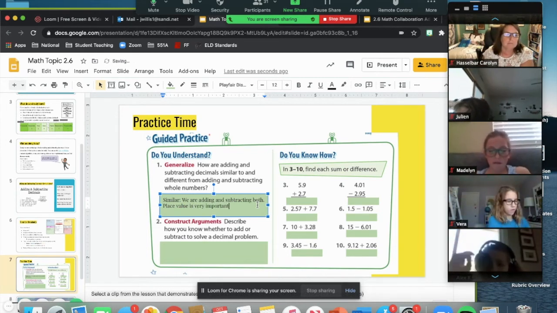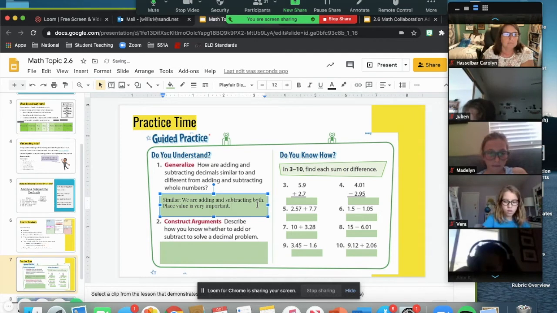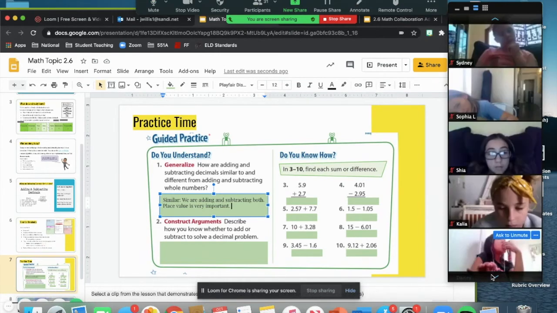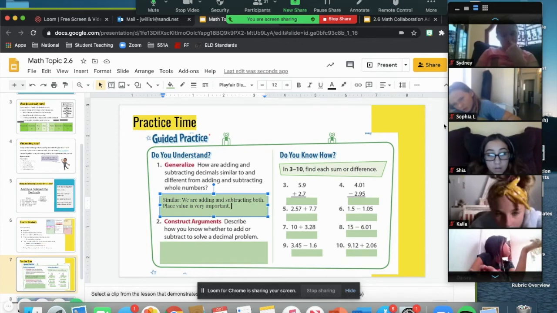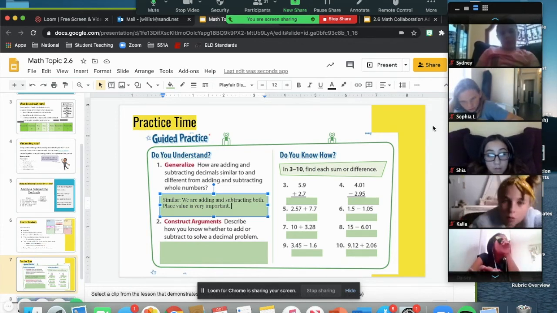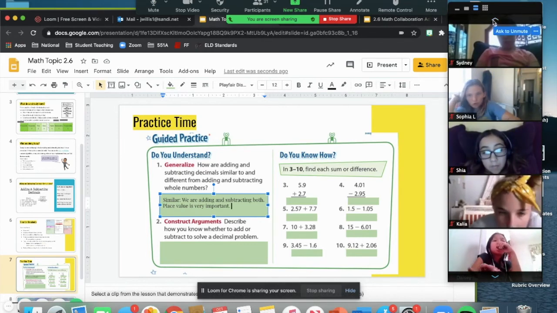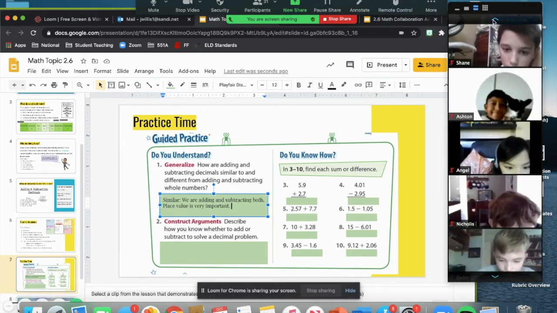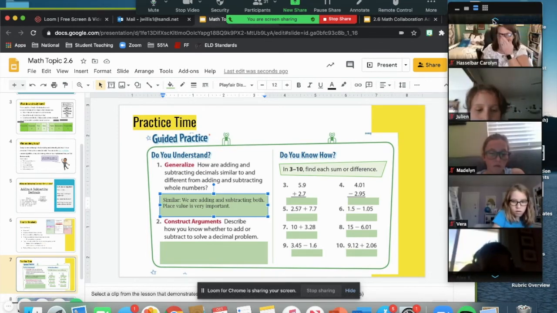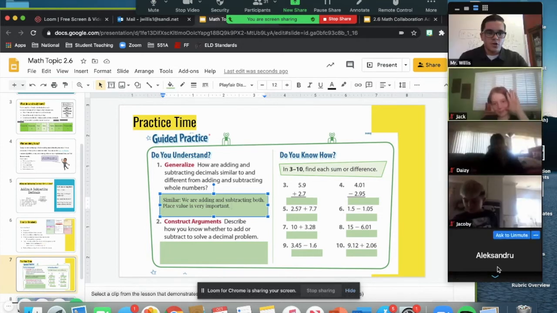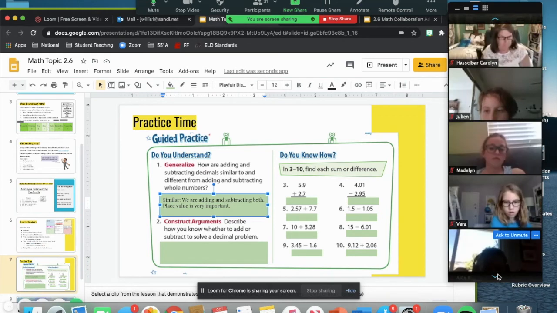How about the way in which we solve equations? How are they similar when we're using whole numbers and when we're using decimals? If we're thinking about how we actually solve an equation, what are some of the strategies that we use that are the same? Anybody? Jack, I see you. I'm going to give somebody else a chance.